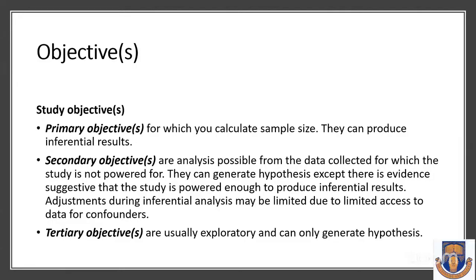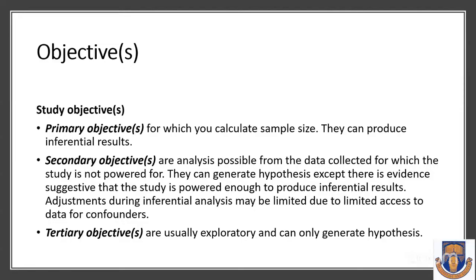But otherwise, the primary objective is what the sample was calculated for. For example, I want to find an association between age and adherence. But in that data, I also collected sex and income. My study is powered for age and adherence. My secondary objective can now look at sex and adherence in another paper.